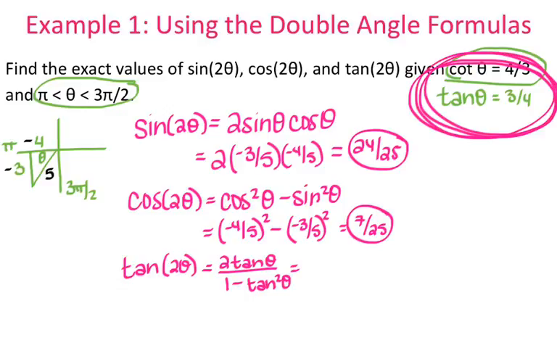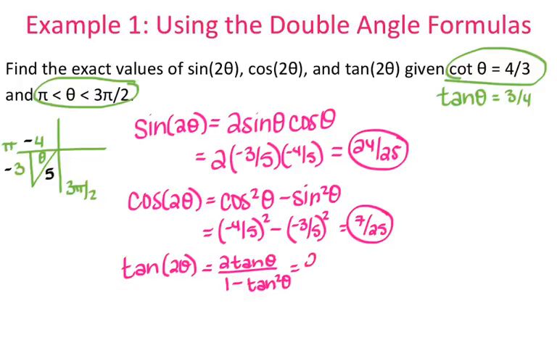Don't even need to use a triangle for that one. So that is 2 times 3/4 over 1 minus 3/4 squared. Put that in my calculator. 2 times 3/4, 1 minus 3/4 squared. Math frac it gives me 24 over 7.